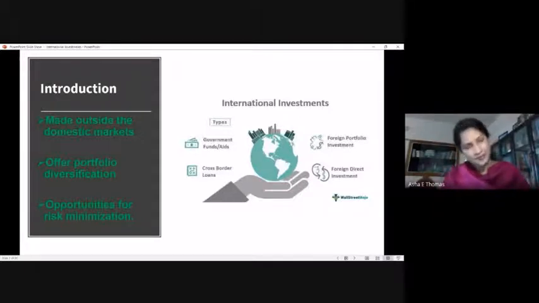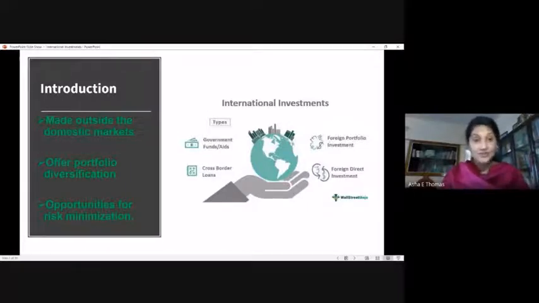Investments made outside the domestic markets will qualify under the category of international investments. The basic benefit of going for international investment is portfolio diversification, because an investor can guard against the pressures of political calamities or natural calamities, political uncertainties, or economic conditions.